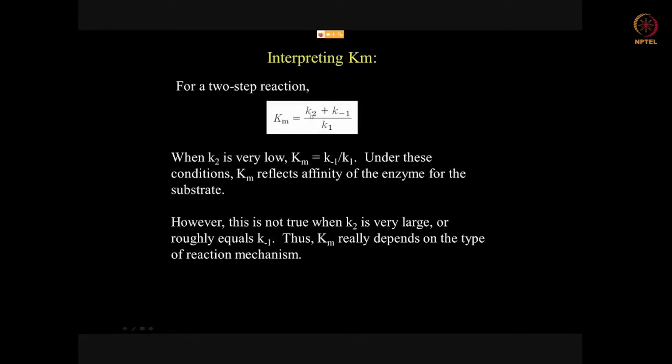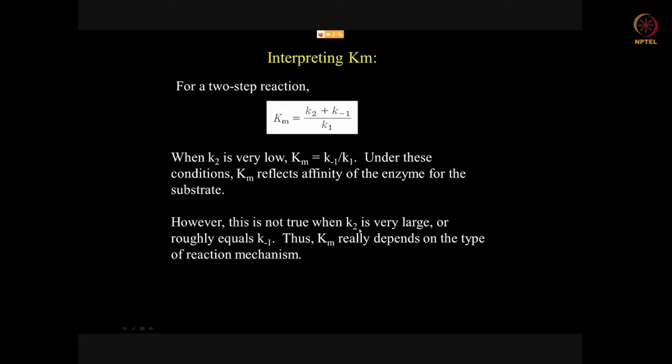So like this, the other side of ES. Km will then reflect all of those rates, and therefore it will be a complex function. It will not simply be reflecting the affinity of the enzyme. That is the major interpretation of the Km.